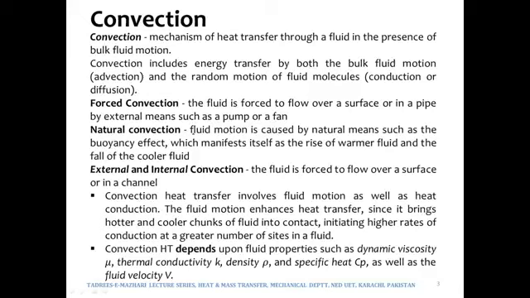So if we are not using any external source such as a fan or a blower, that would be natural convection. However, if we are using a fan or a blower or any other type of device to make the fluid flow rapidly with higher velocities over the surface, then that case would be termed as forced convection.